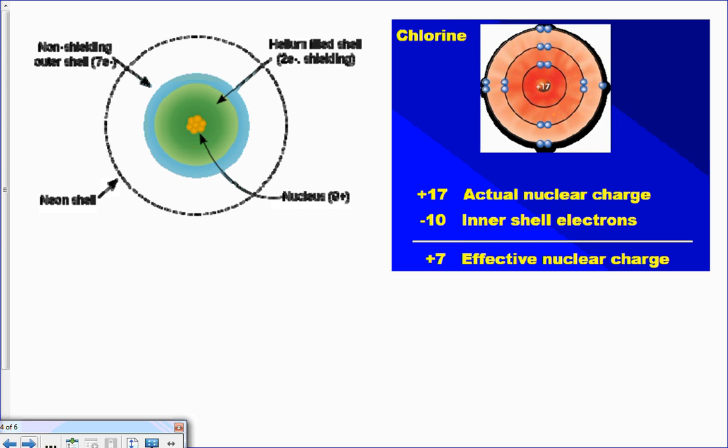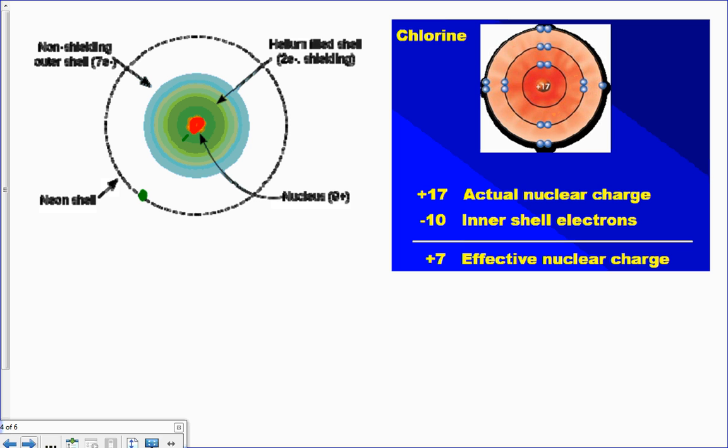This is a little diagram that you have in your notes to talk about shielding, okay? In the middle, I have the nucleus, and it's orange. I'm going to put some red on it, because red and orange are kind of like that's where all my protons are, okay? I have a neon shell and a hydrogen shell. So this is basically saying, if I'm an electron out here, and I probably should do that in a different color so we can not be the same color as our nucleus, this is basically what shielding is all about.